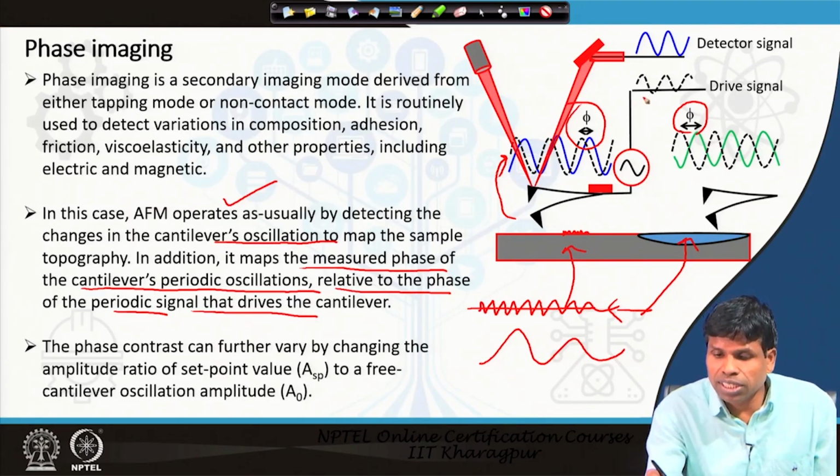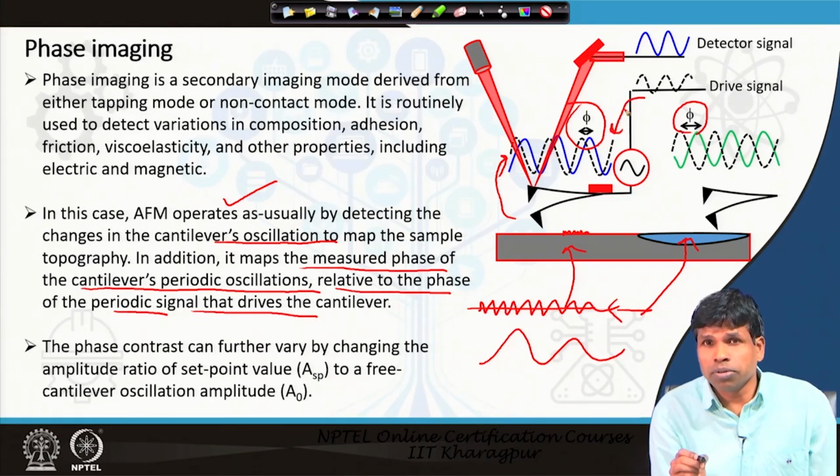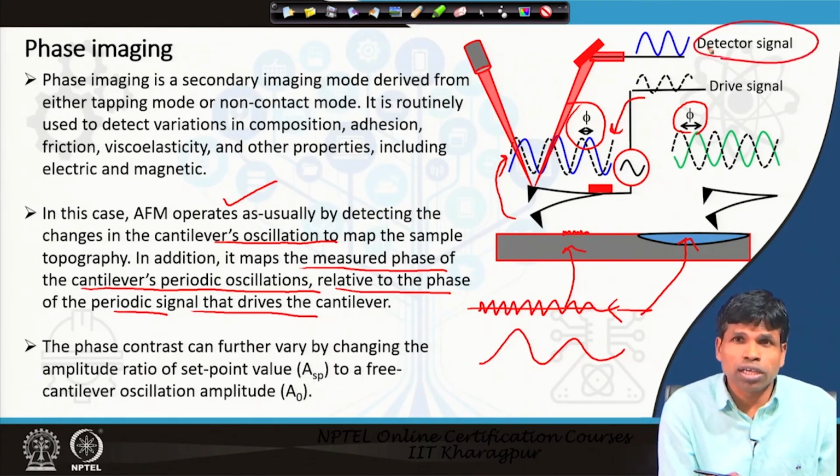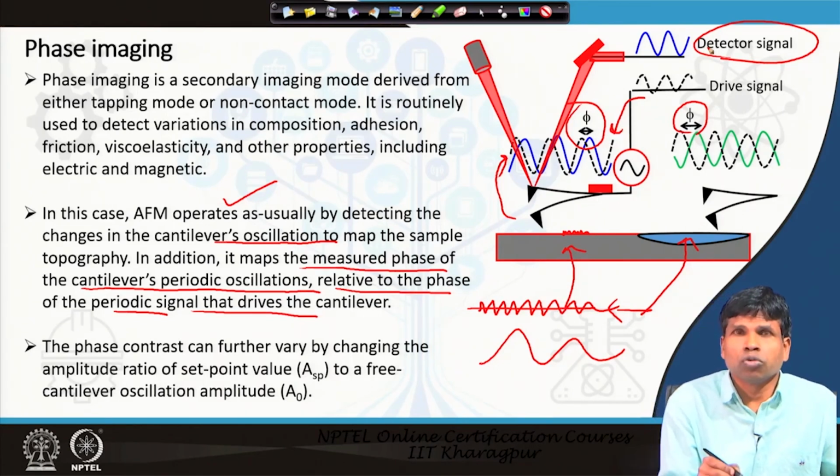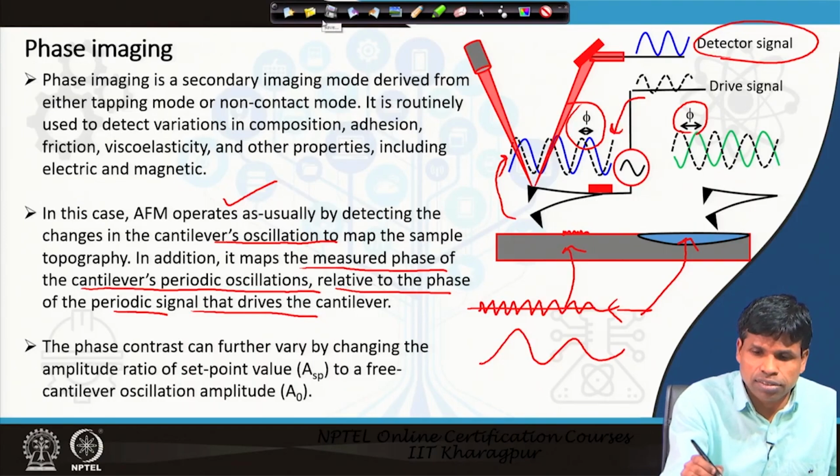We give a driver signal with a particular phase value, and in the detector we will notice how much phase shift occurs. If there is a non-uniform phase shift, that indicates that there are two different kinds of materials. More of this phase imaging we will discuss in our next lecture.